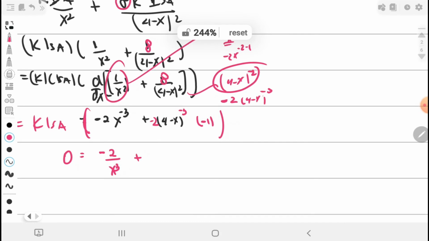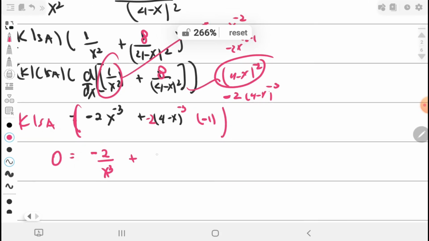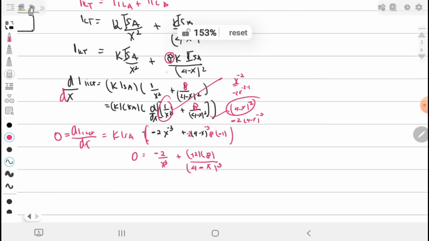So, from that, I will have negative 2 multiplied by negative 1, which becomes positive 2, divided by 8 all over 4 minus x raised to 3. Take note that I did not take out the 8 here because there is no 8 on the other side, so it remains here.